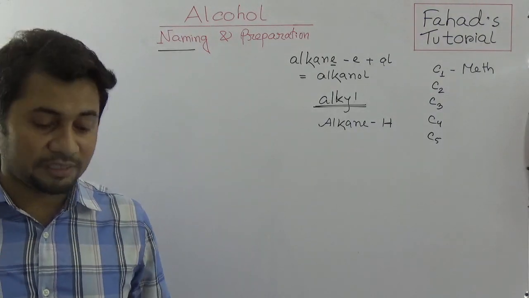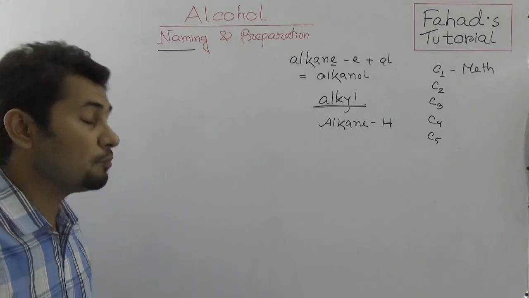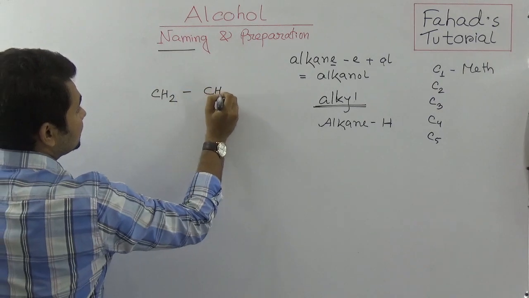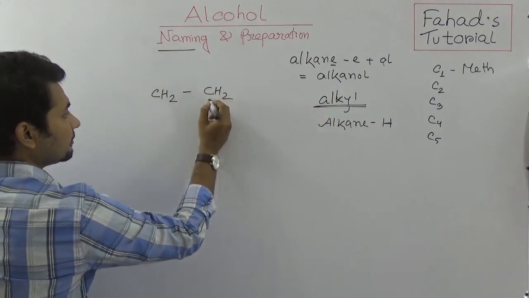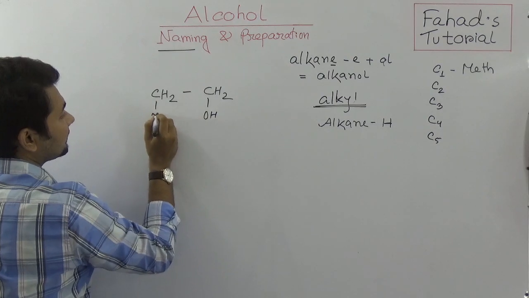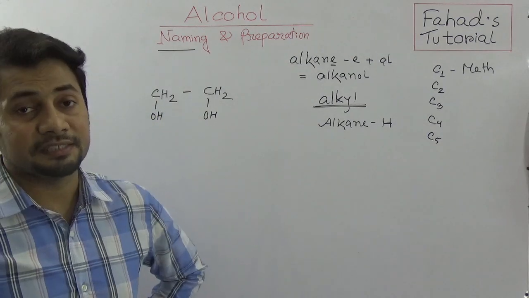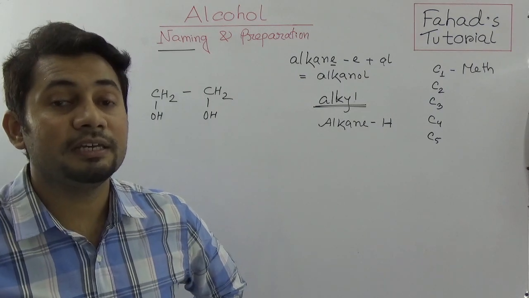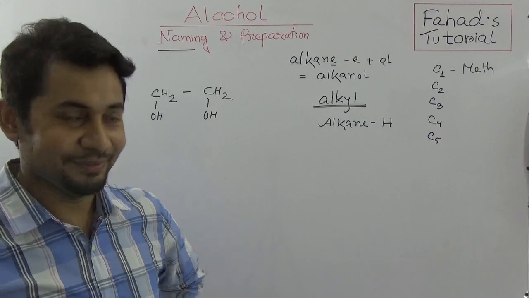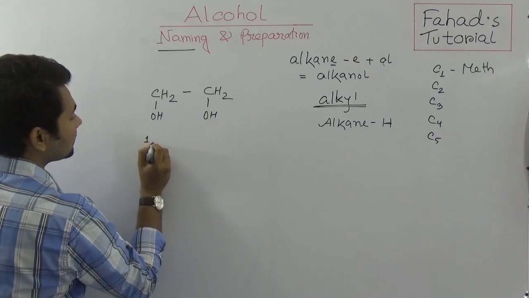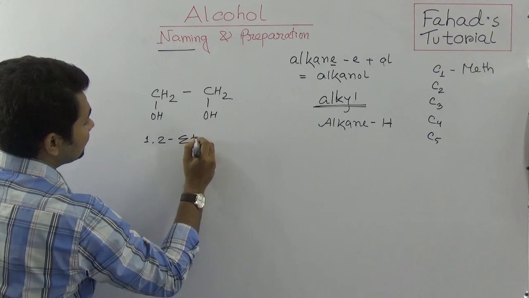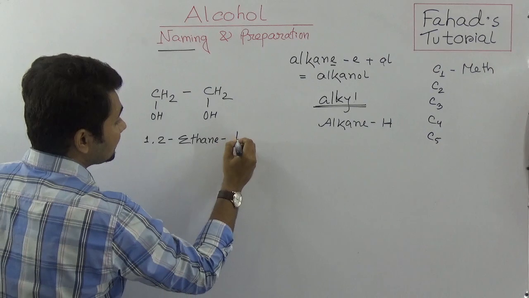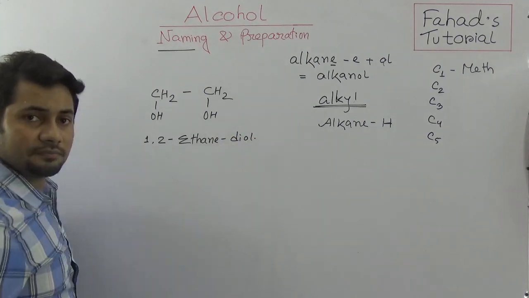Now one thing is important. If there is more than one hydroxyl group, suppose CH2, CH2, here one hydroxyl and another hydroxyl. If two hydroxyls are present in a single compound, then this is called polyhydroxy alcohol. The name would be 1,2-ethanediol.